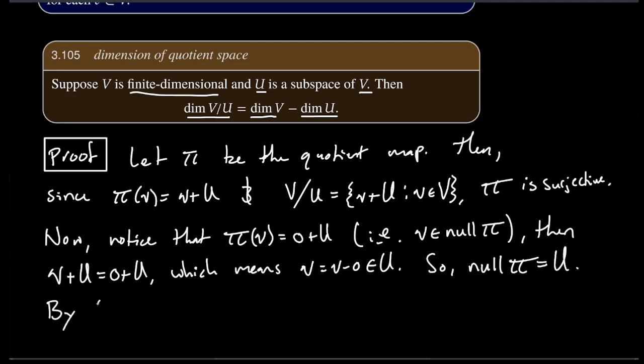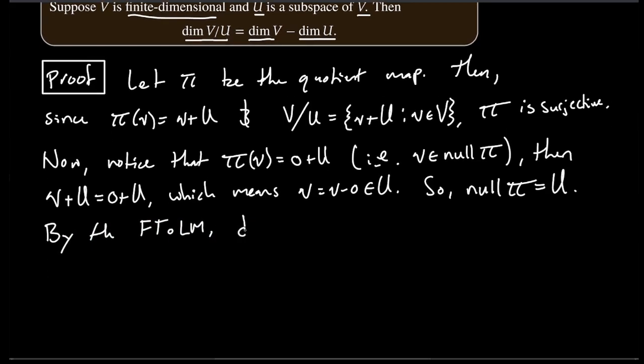By the fundamental theorem of linear maps, dim V is equal to dim range pi plus dim null pi. Normally I write that in the other direction, but it's the same thing.